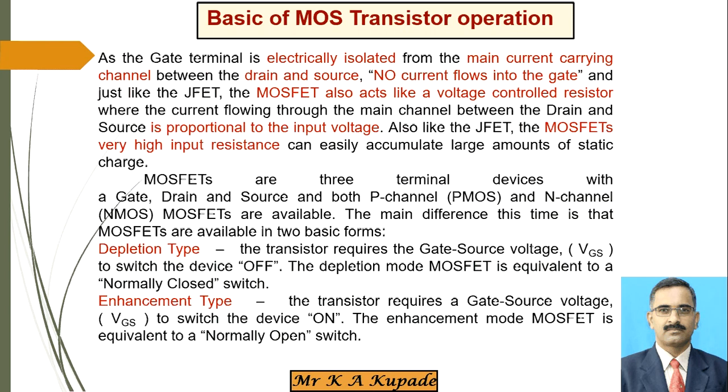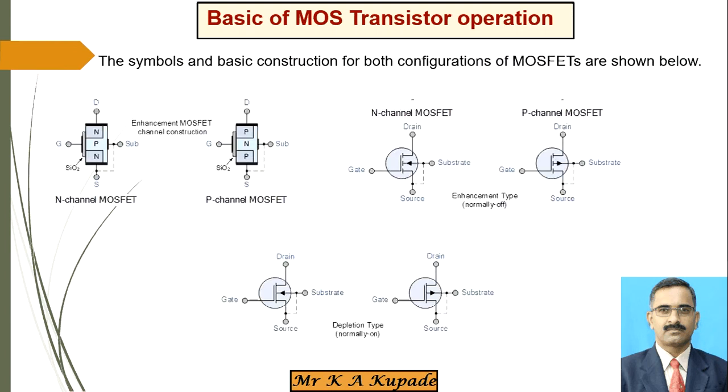The gate terminal is electrically isolated, and whenever you apply the input signal, then only it is transferred, without needing biasing and all that. Then through the source, that is considered, and this transistor is considered in this position.